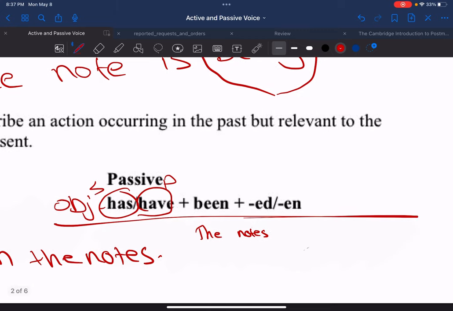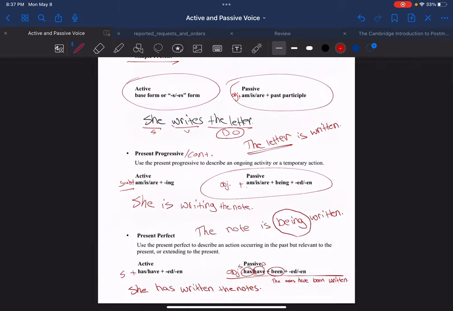The notes have been written, the PP of write is written. This is what we do. Please always focus on the tense of your active sentence, because you never know, your teacher might bring back a multiple choice question.